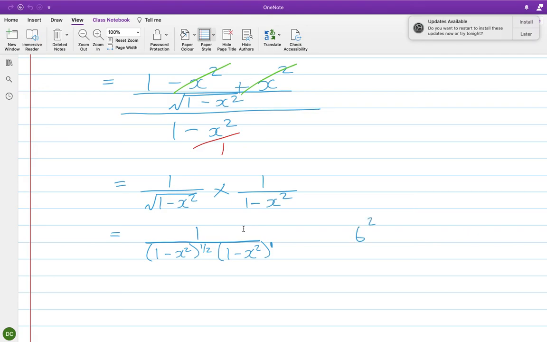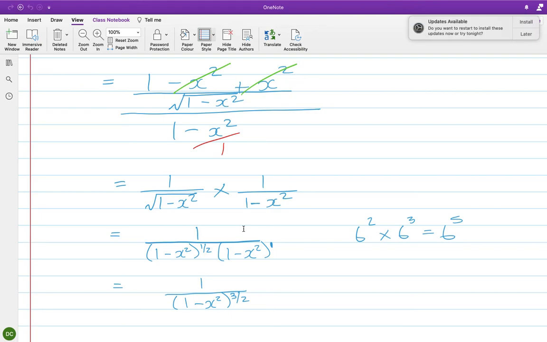So if I had 6 squared multiplied by 6 cubed, that's 6 to the power of 5, isn't it? So when you're multiplying, you add the indices. I'm going to get 1 over 1 minus x squared, and if I add 1 and 0.5, I get 1.5, which is 3 over 2.